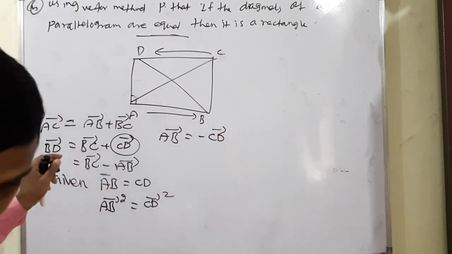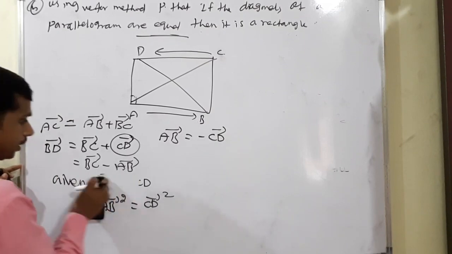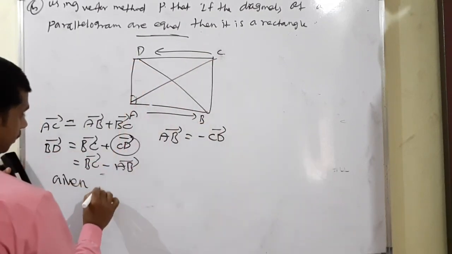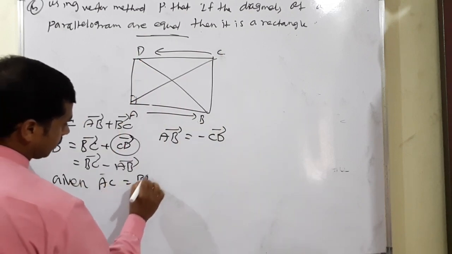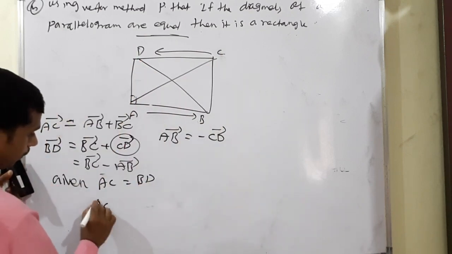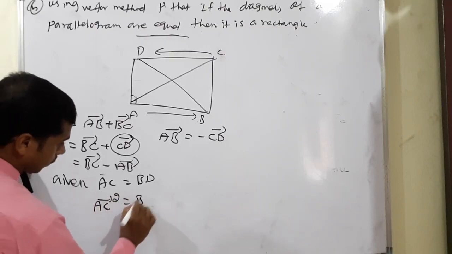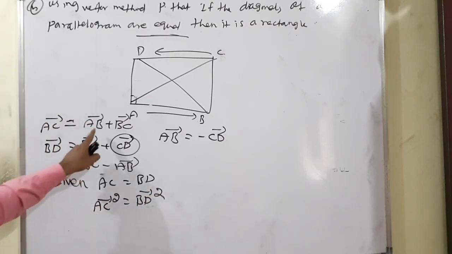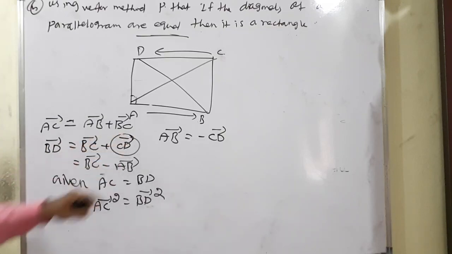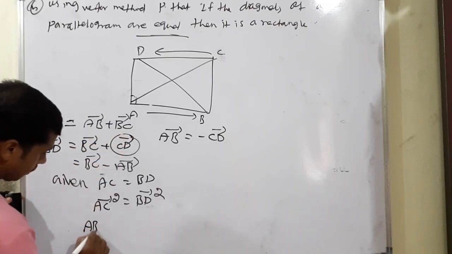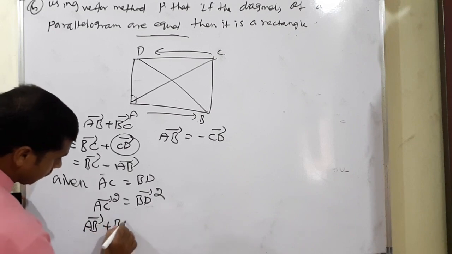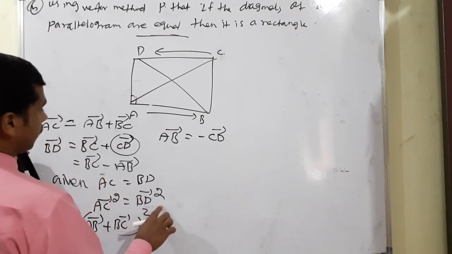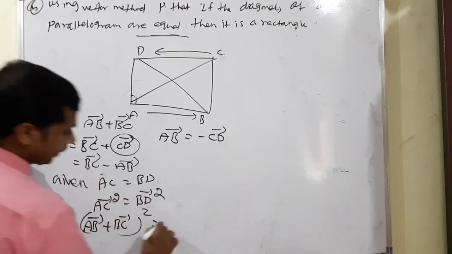Sorry, my dear. So the given condition is actually AC is equal to BD. Squaring on both sides means AC vector square is equal to BD vector square. AC vector we have as AB vector plus BC vector. So AB vector plus BC vector the whole square is equal to BD vector square, which is BC vector minus AB vector, the whole square.